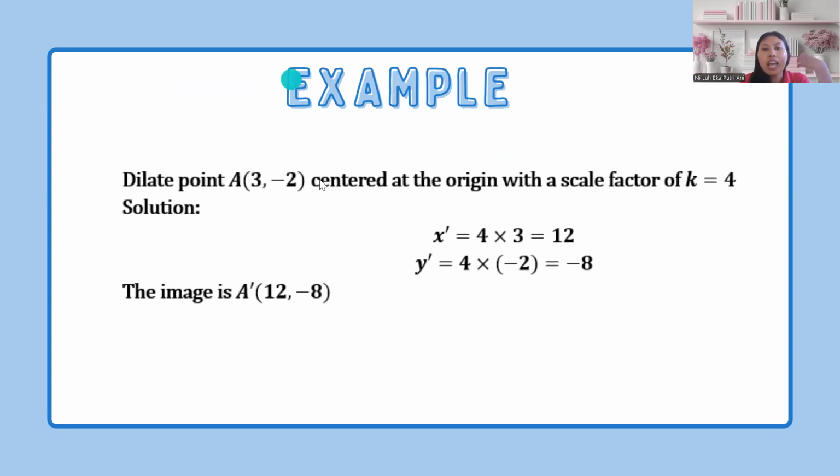The solution: x' = 4 times 3, and we get 12, and y' = 4 times −2, and we get −8. So the image is A' with coordinates (12, −8).